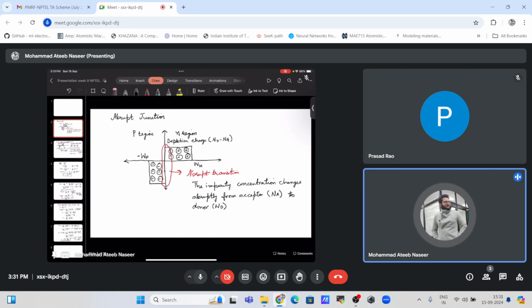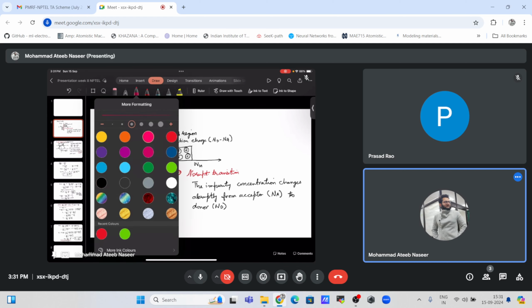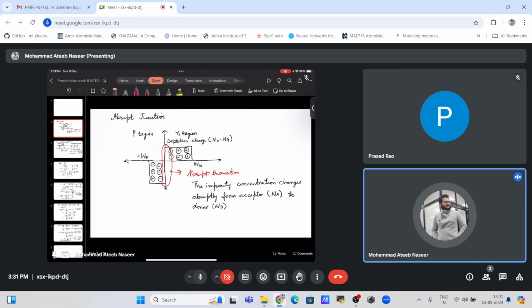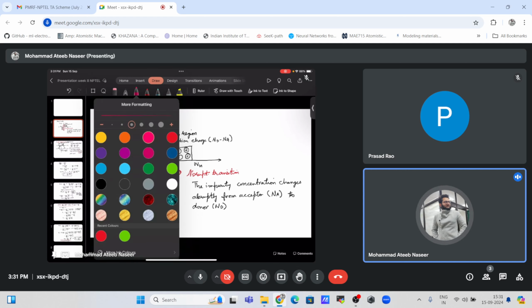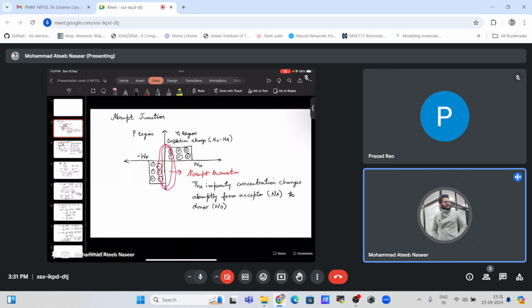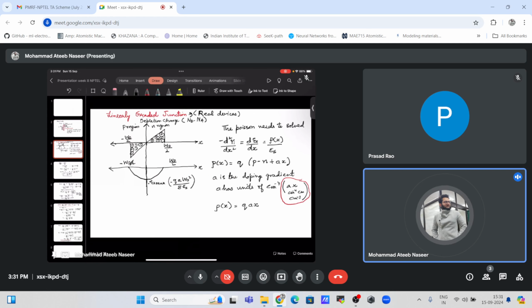So instead of this kind of profile shown over here, with an abrupt change, we said that the change in the doping variation or impurity concentration will be linear instead, and we will be getting some profile which will look like this, near this PN junction, the metallurgical junction.